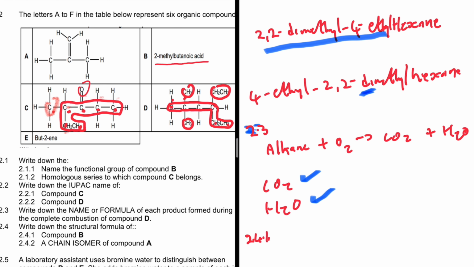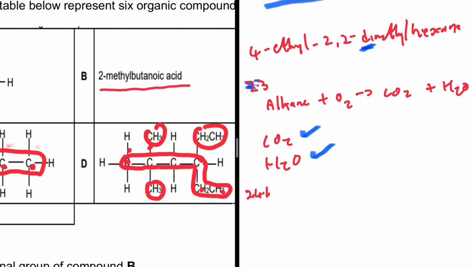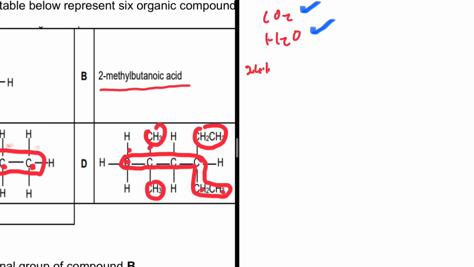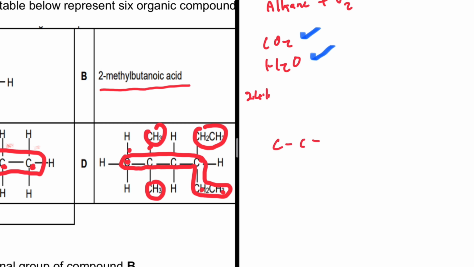2.4.1, write down the structural formula of compound B. B is 2-methyl butanoic acid. So 1, 2, 3, 4, because it is but. It is butanoic acid, so it is an acid. That is where I'm going to position the functional group. And then 2-methyl, so we have a branch on the 2nd carbon. So the 2nd carbon has to be this one, right?